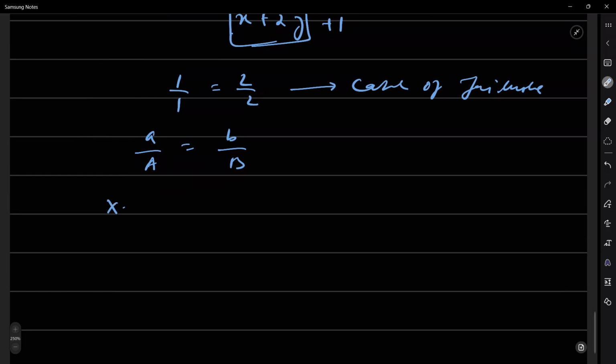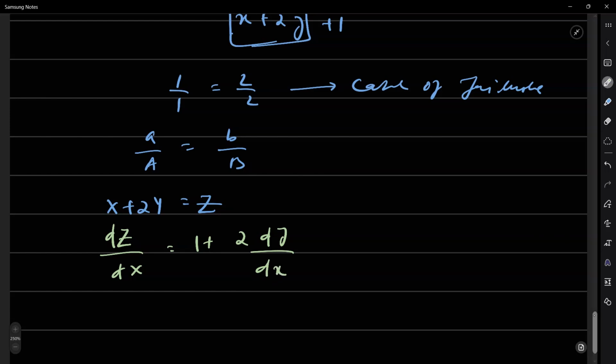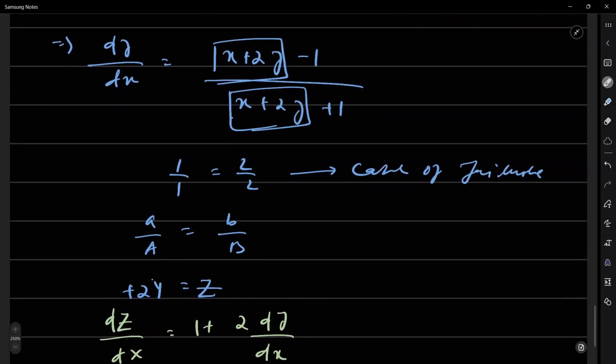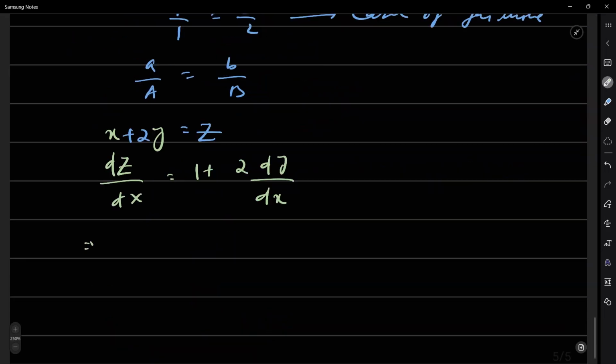So put x plus 2y equal to z. So if we put x plus 2y equal to z, then dz by dx becomes 1 plus 2 dy by dx. So we can write that dz by dx minus 1 equal to 2 dy by dx, right?